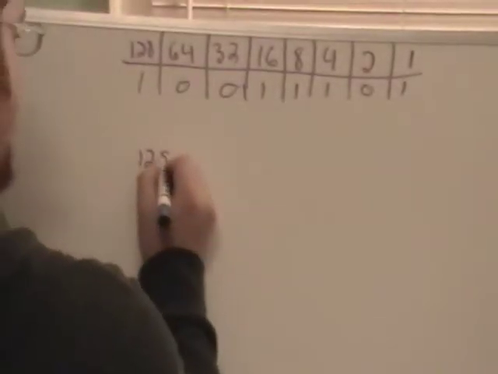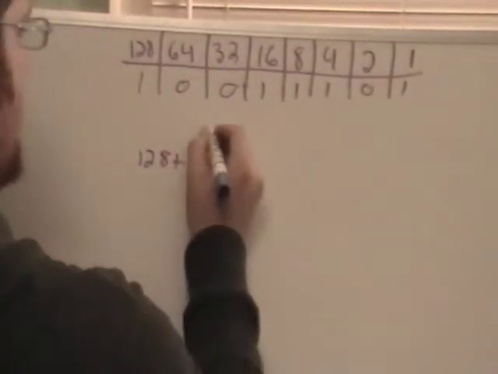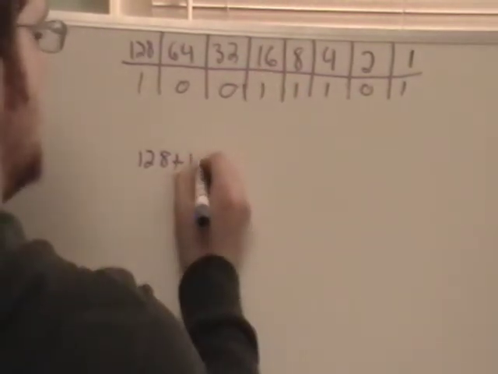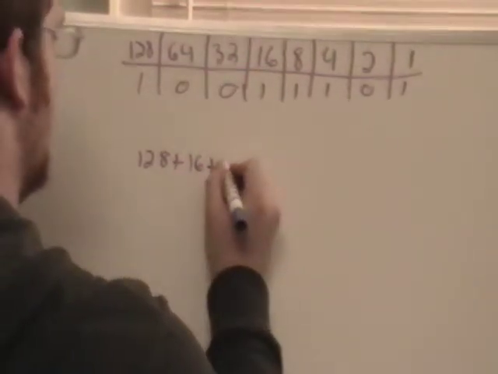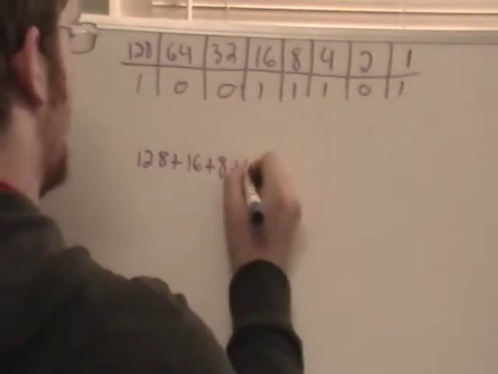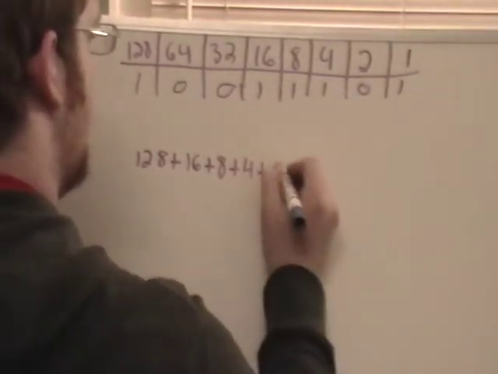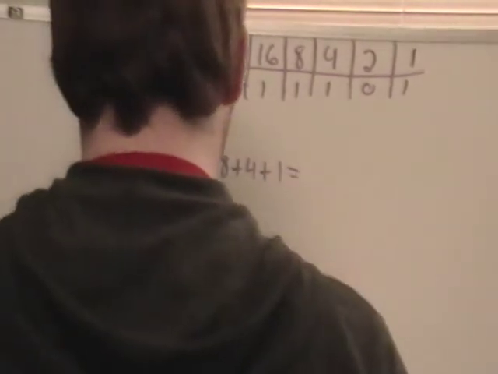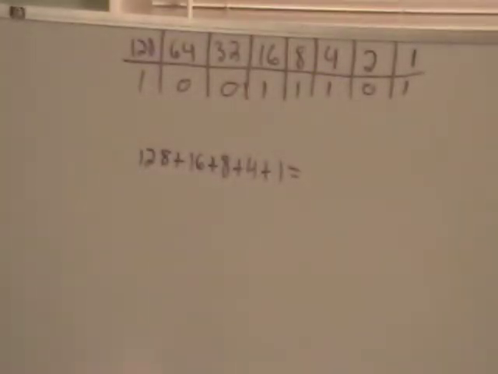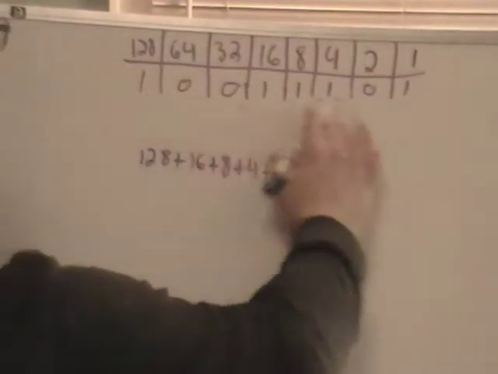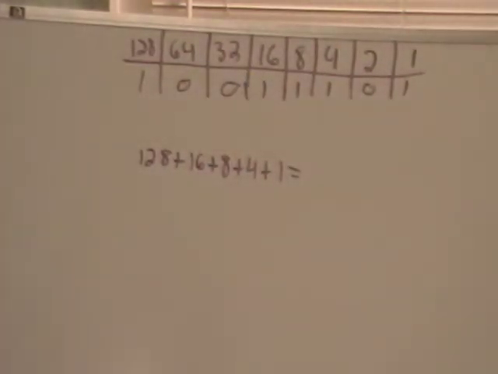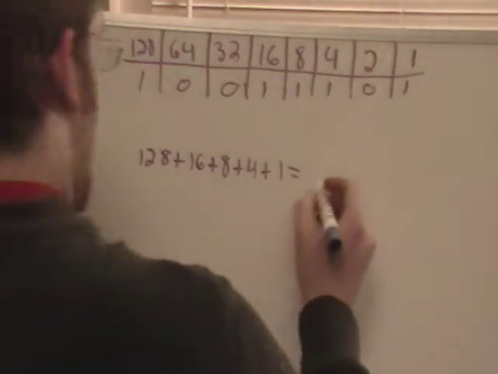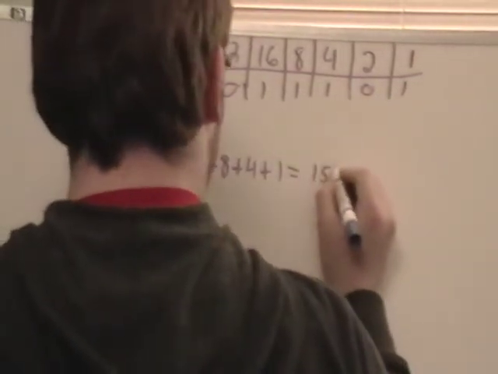We can say this consists of a 128, no 64s, no 32s, a 16, an 8, a 4, no 2s, but it has a 1. So we had our place values drawn out, we had our number, and now we've broken it down. We take 128 plus 16 plus 8 plus 4 plus 1 to get 157.